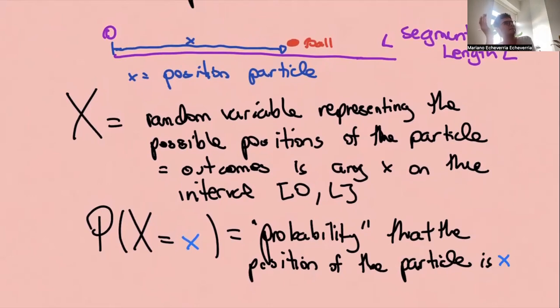I don't know how obvious it is, but there's a big obstacle when you just try to say the probability that the position is 3 meters or 5 meters, some specific exact value. What's the problem?